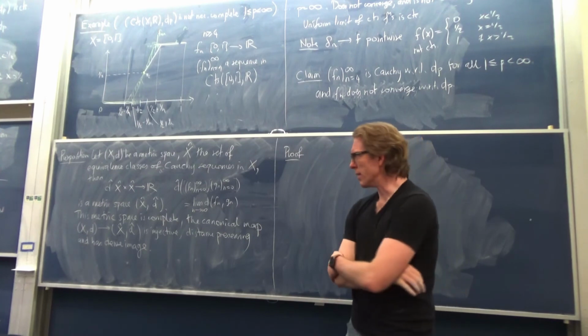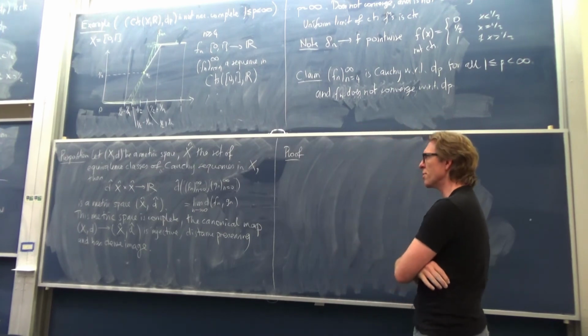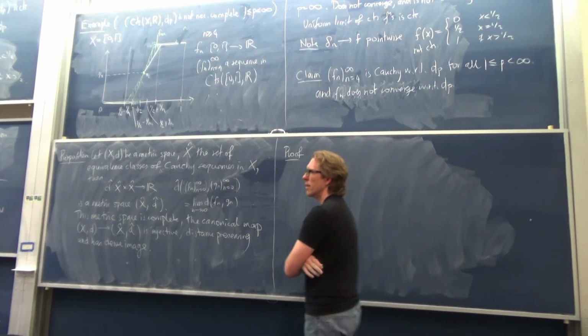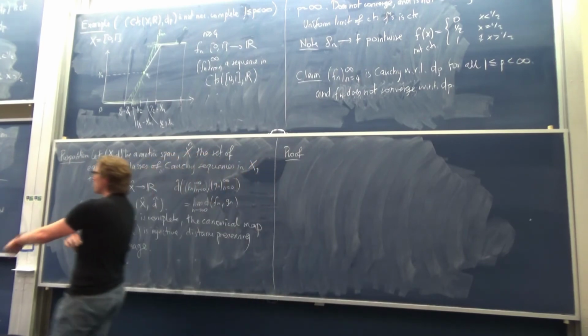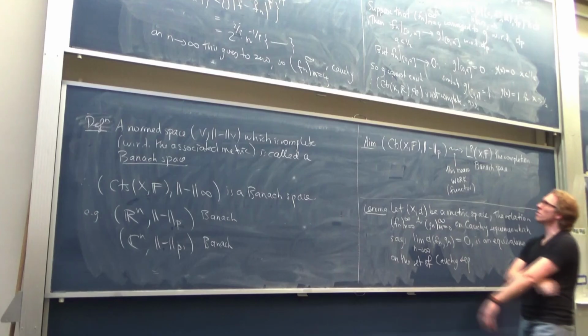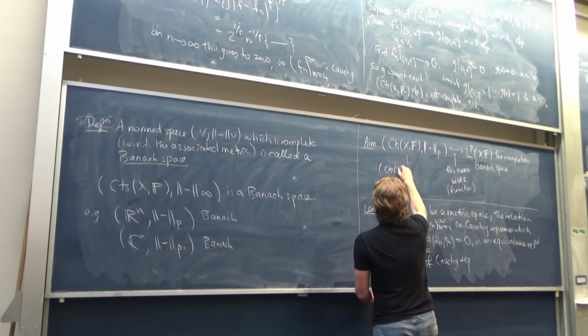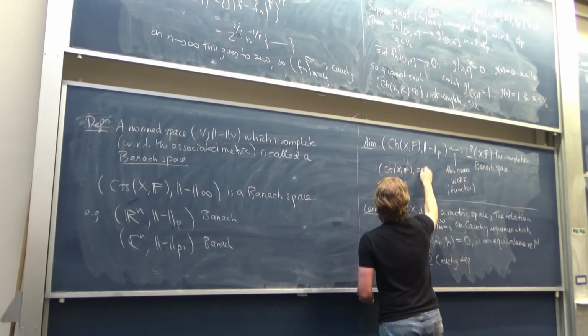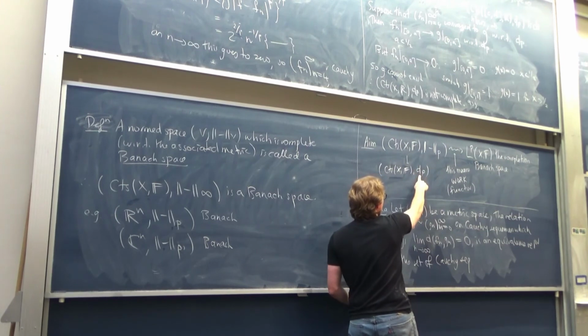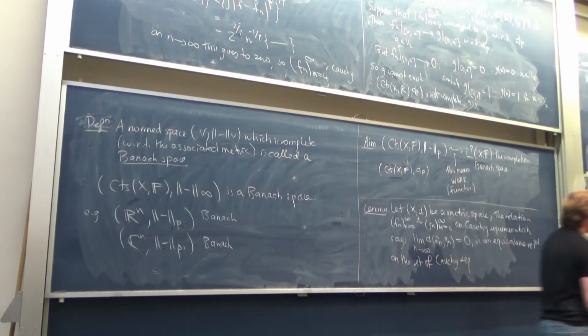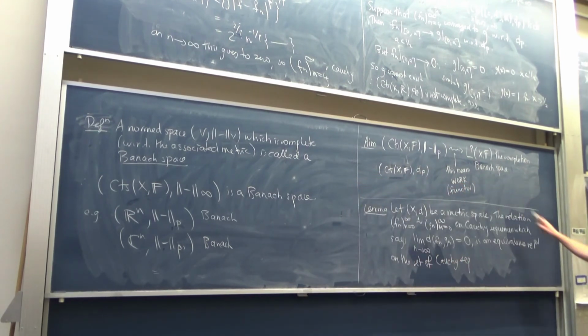Before I get into the details, is there any question about what we're trying to show? I'm probably going to run out of time before I finish the story, so let me say it now. The first step here was to take this, forget the norm but remember the metric, and then complete the metric space.